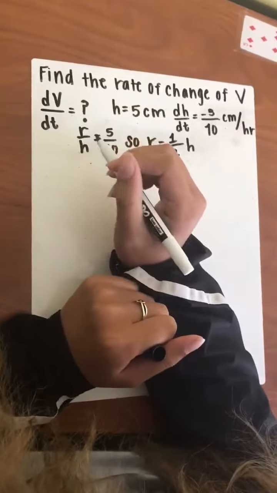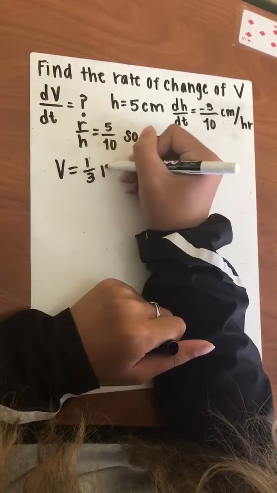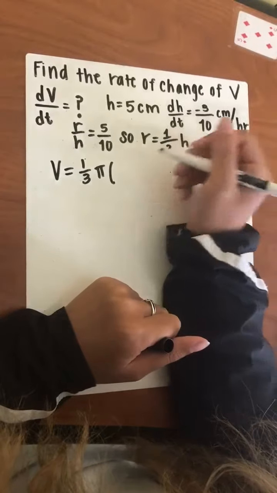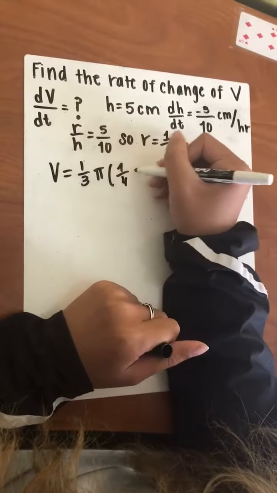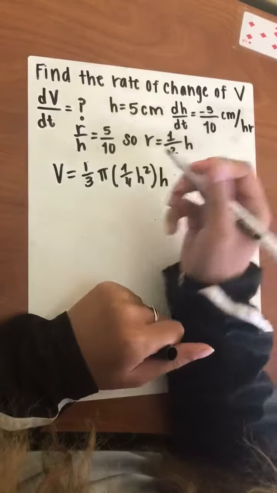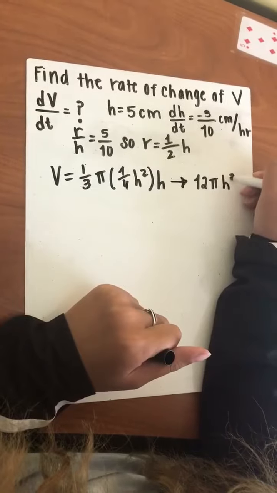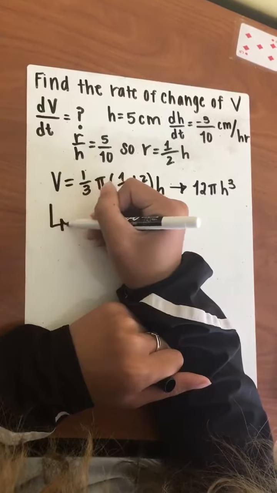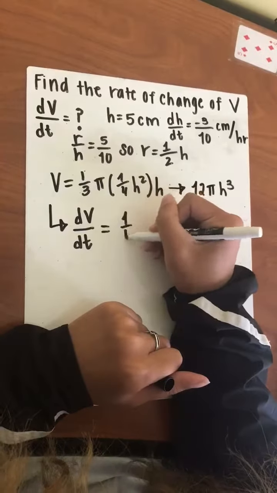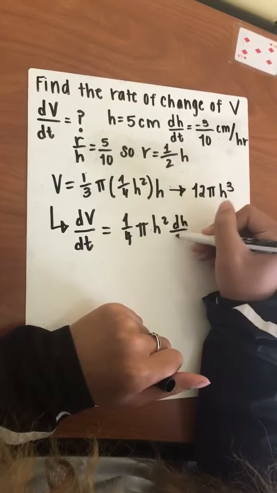So when we plug into our equation for volume, we have V equals 1/3 pi, and then r, which equals 1/2 h, squared. We're going to do 1/4 h squared, because 1/2 squared is 1/4, times h, and this could simplify to 1/12 pi h cubed. And then we have to find the derivative, which is dV/dt, and we'd get 1/4 pi h squared dh/dt.